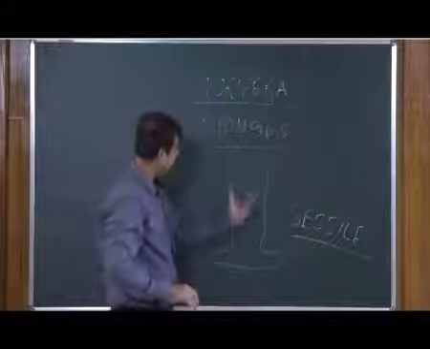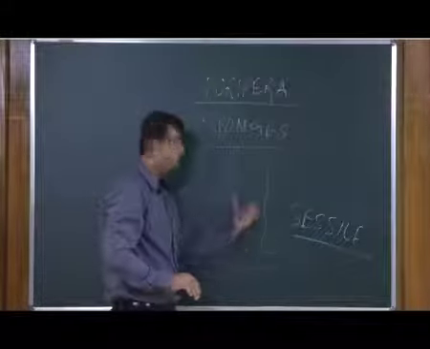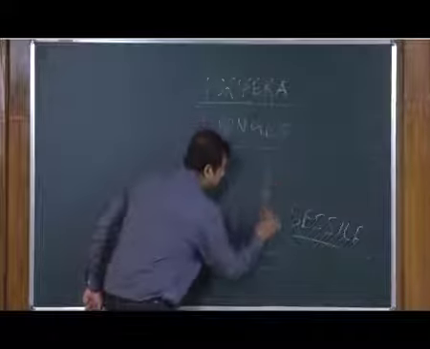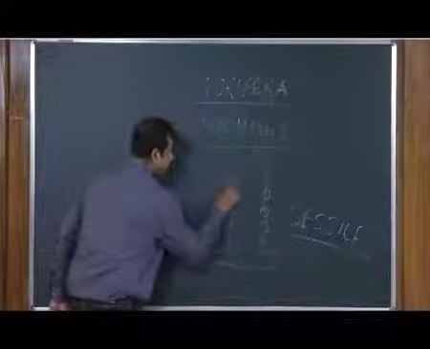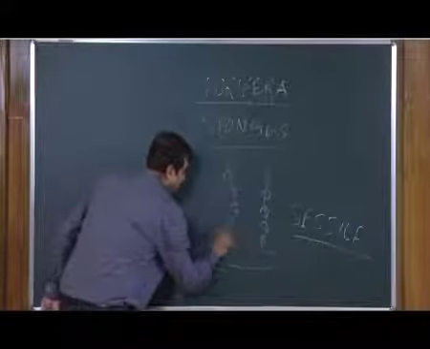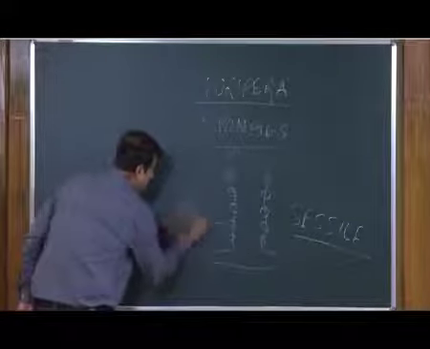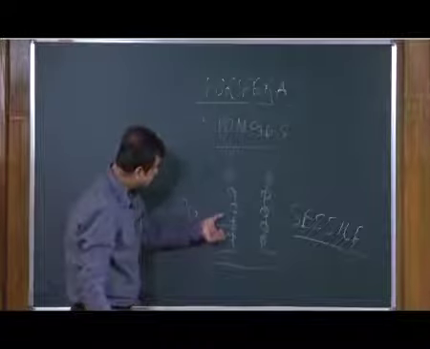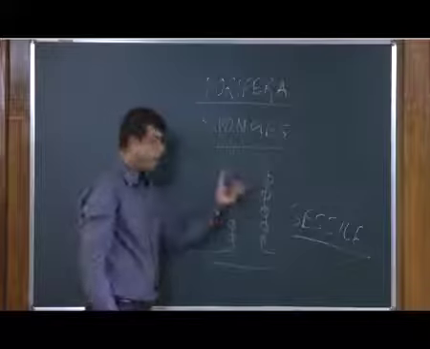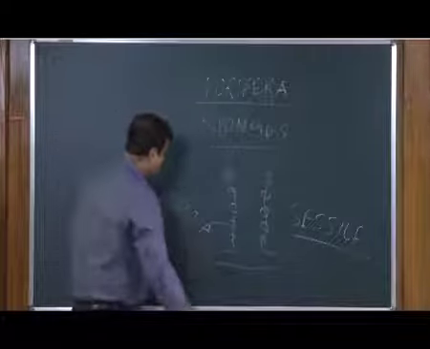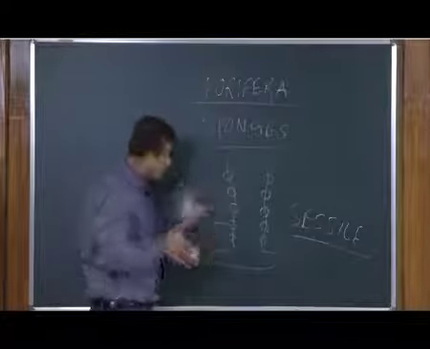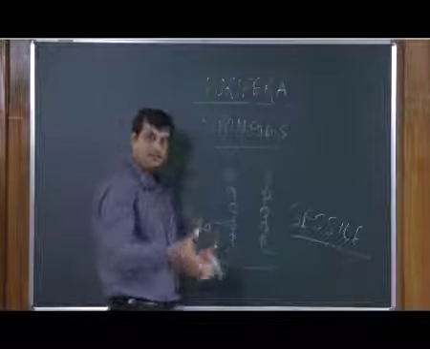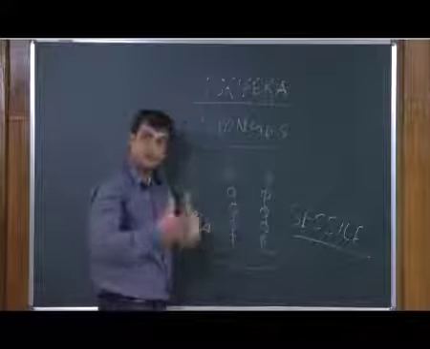Now, the whole body of these sponges has very minute pore-like structures. This pore is called ostia. The ostia are distributed throughout the body of the sponges. Because these organisms are aquatic and living inside the sea, everything comes with water.